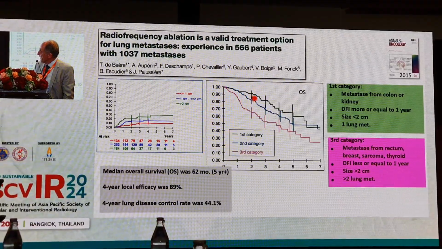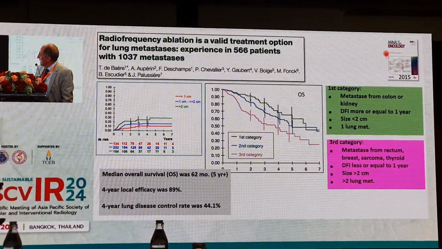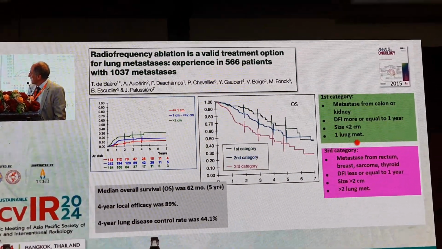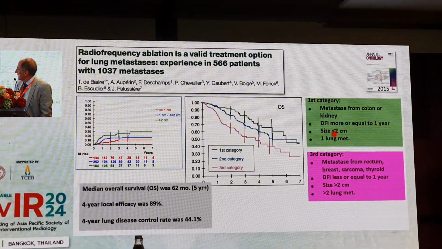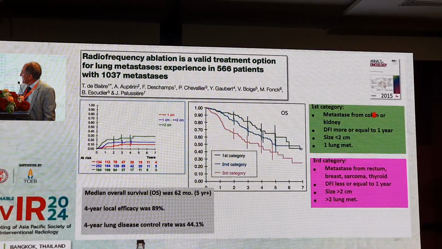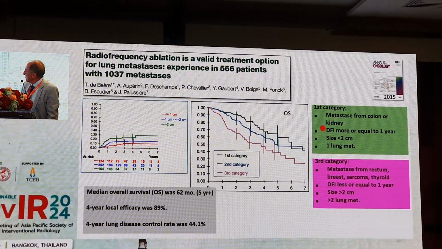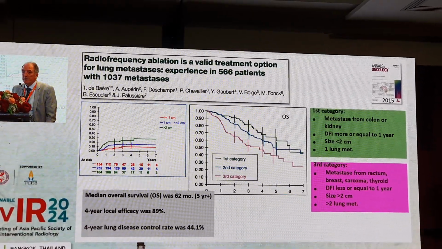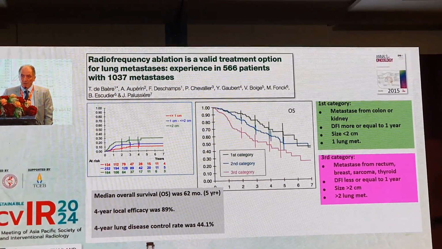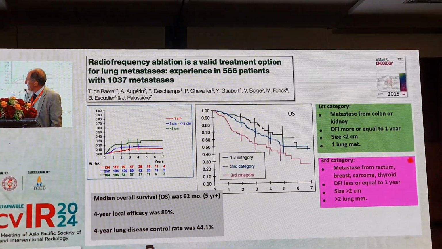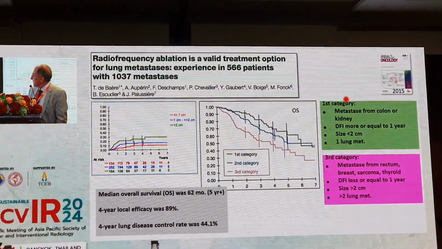The green line with the best result are patients with only 1 metastasis with a size smaller than 2 centimeters, metastasis from colon, from CRC, and from kidney, and a disease-free interval between the primary diagnosis and the diagnosis of lung metastasis. This is the best case if you want to start ablation.